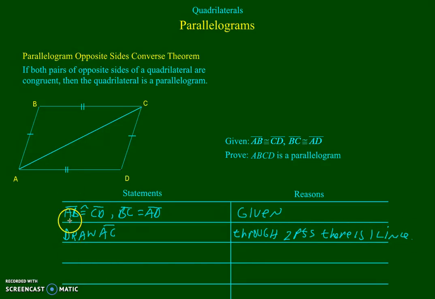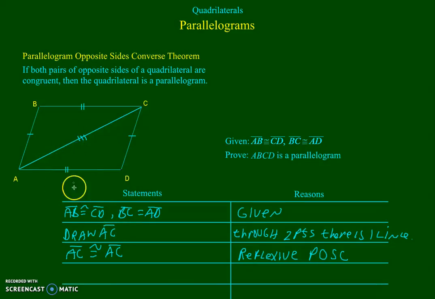Now, we're going to say that AC is congruent to itself. So AC is congruent to AC, and that's again the reflexive property of segment congruence. So this is congruent to itself.